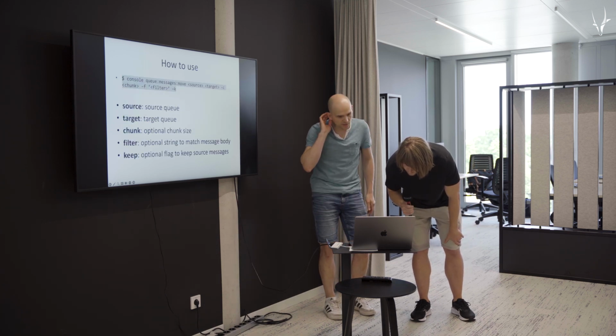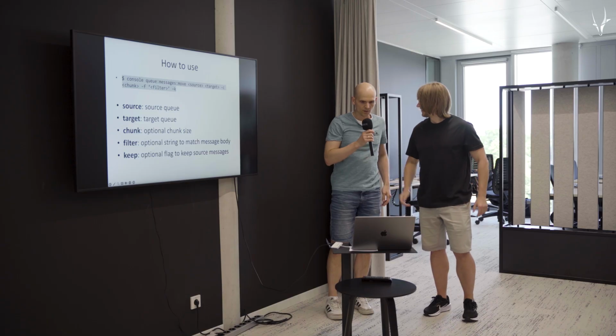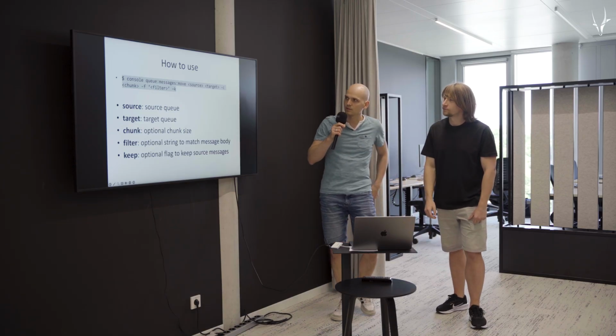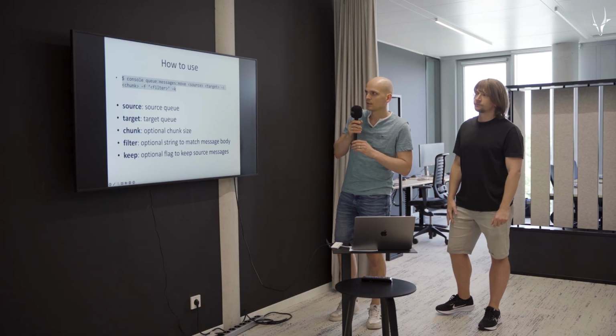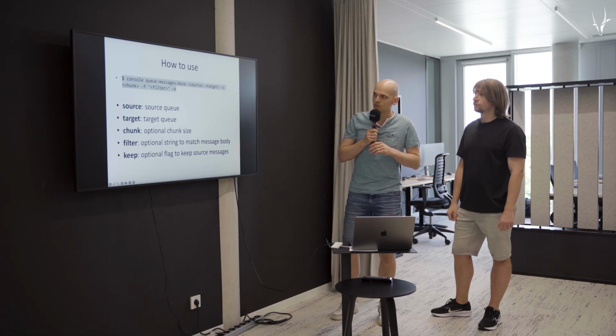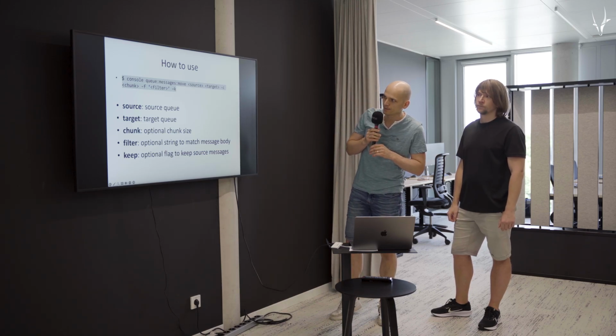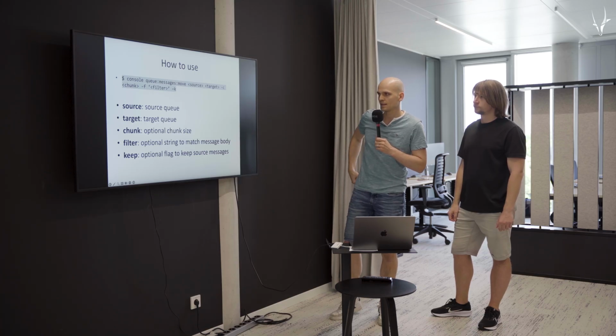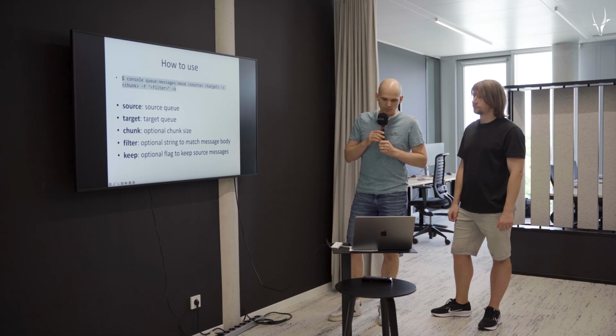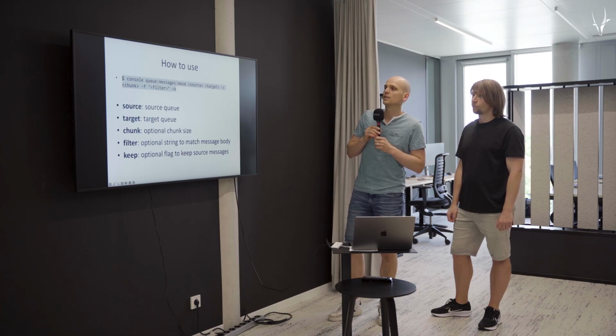So this is how to use it. This is how the console command looks. Actually, there are 2 console commands now, but we were not able to update the slides. This is the main console command, responsible for moving messages from a source queue to a target queue.